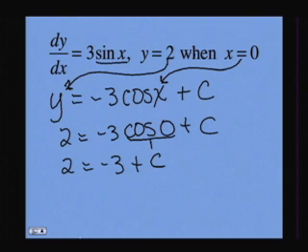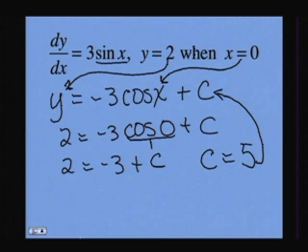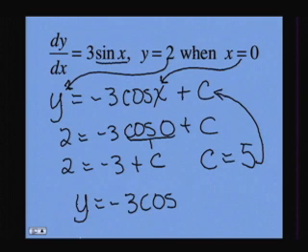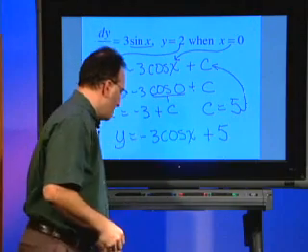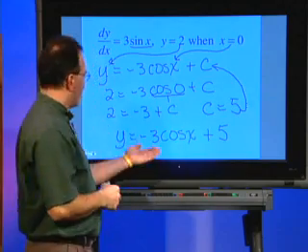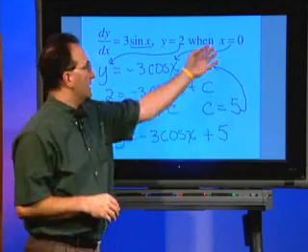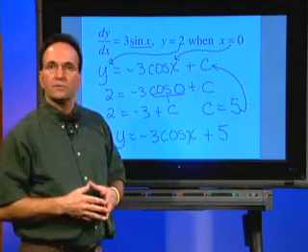That gives us a value for c of 5, which means we can now substitute that into the general solution, and it gives us a particular solution. So y equals negative 3 cosine x plus 5. And that gives us the particular solution when x is equal to 0 and y is equal to 2.